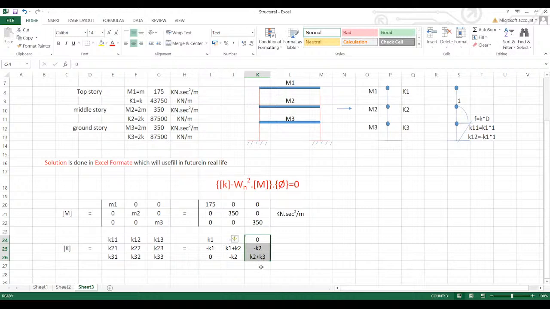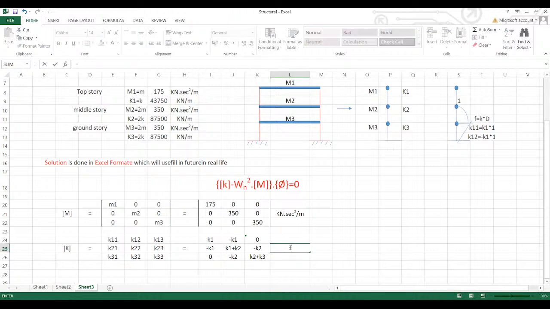But K3 remains, because in the base some forces are restrained. If there is any support there may be a reaction, so K3 is left and the sum is not 0. If the building continues downward with no support, then the sum will be 0 at these positions. Okay, you have to understand it.